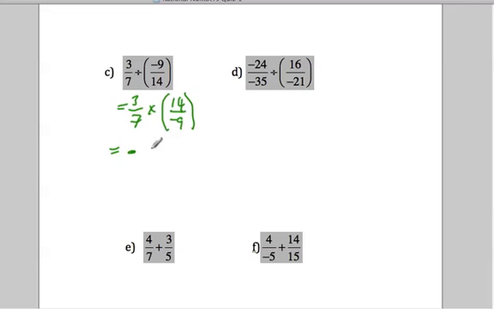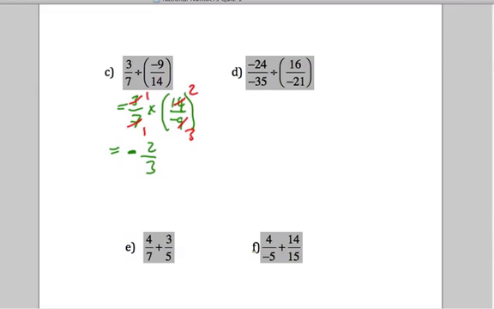Now we can reduce. 7 goes into itself once and into 14 2 times. And 3 goes into itself once and into 9 3 times. So we end up with 1 times 2 is 2 over 1 times 3, which is 3. So the answer is negative 2 over 3.